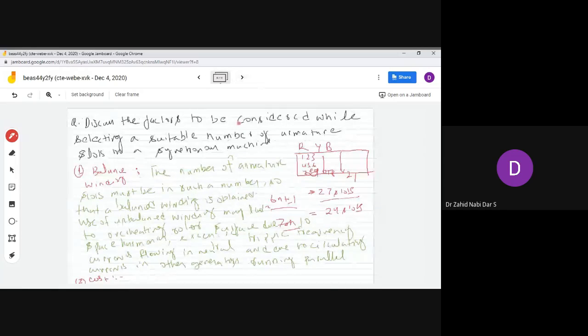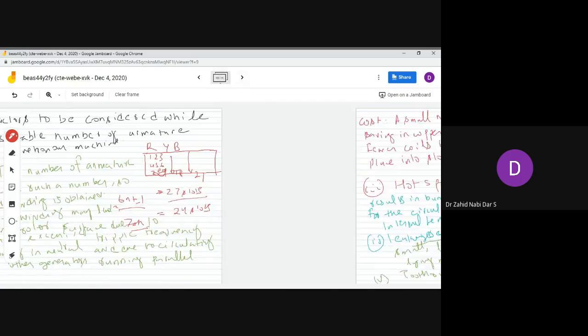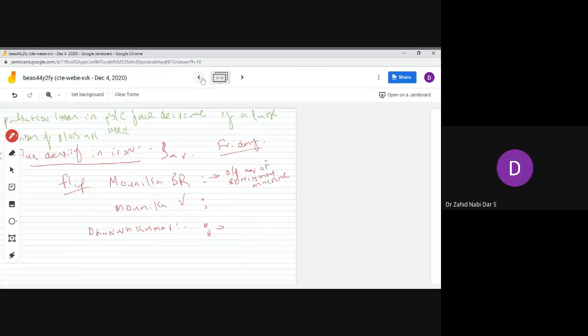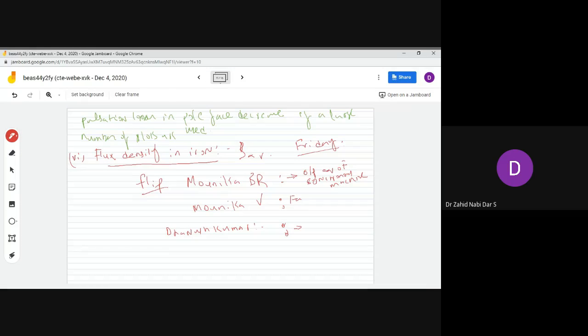Discuss the factors to be considered for selecting suitable armature slots.